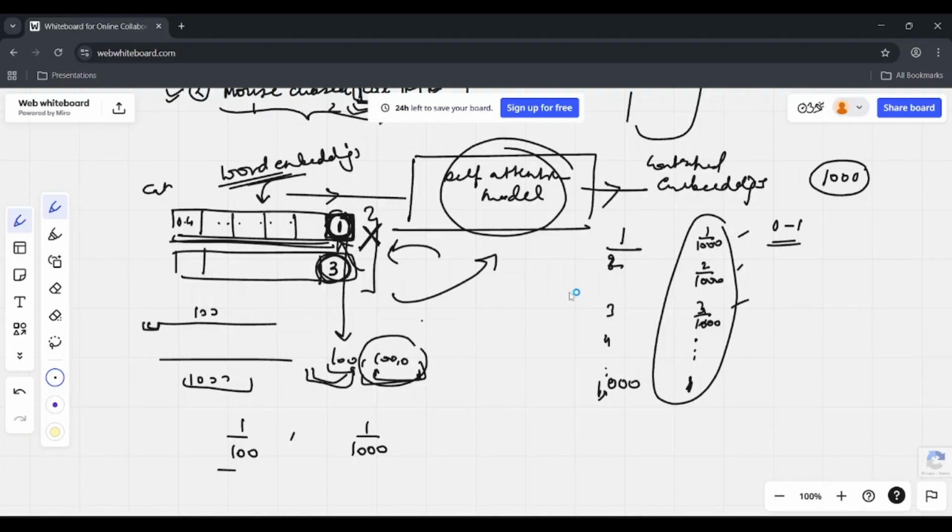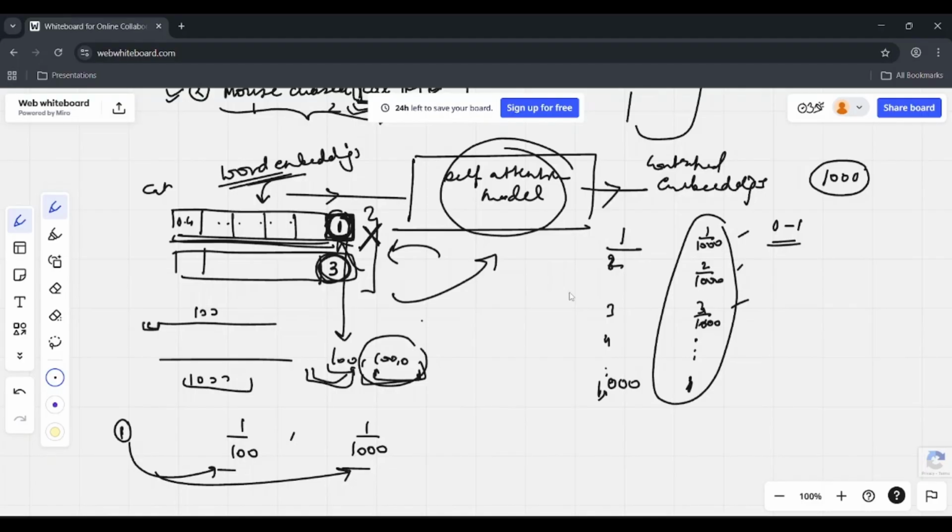Now, do you see the problem here? For the same position, we are now seeing two different numbers. Our model will never be able to find out what exactly is the first position or what exactly is the second position, because these numbers are not fixed, which is a big problem, right? So these two methods have failed.